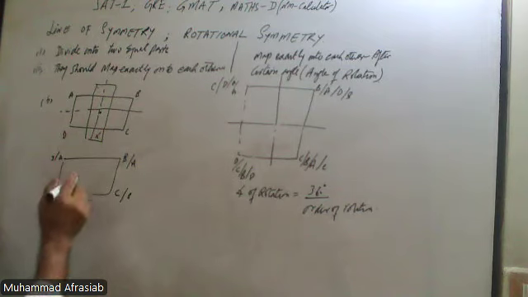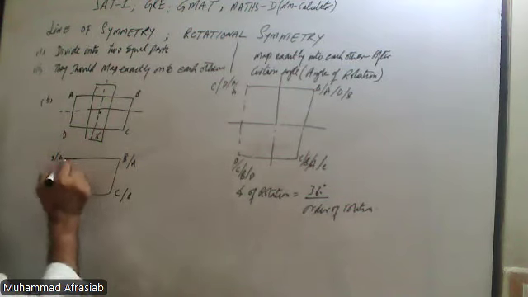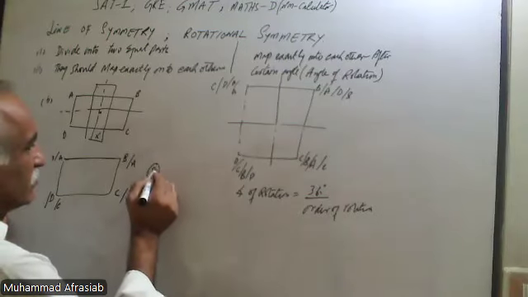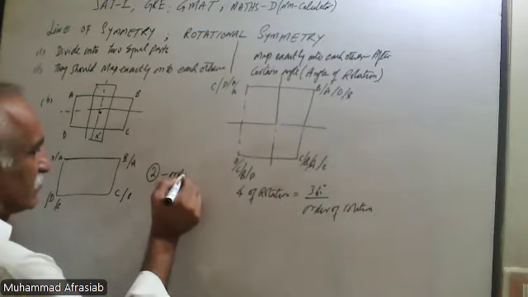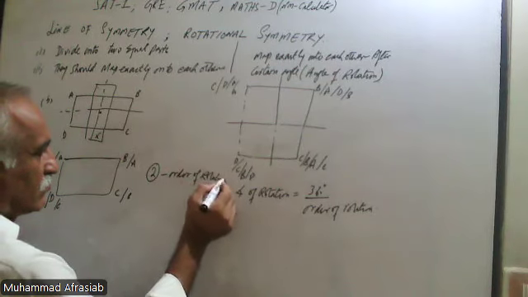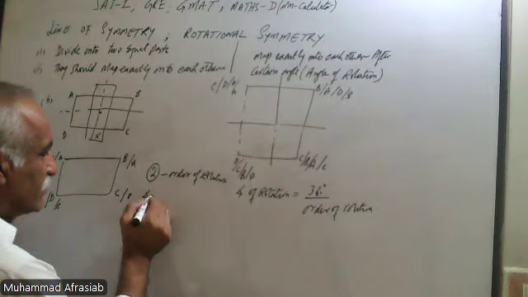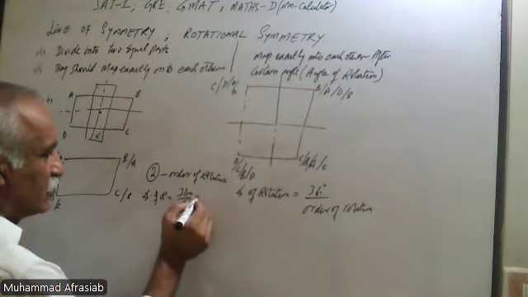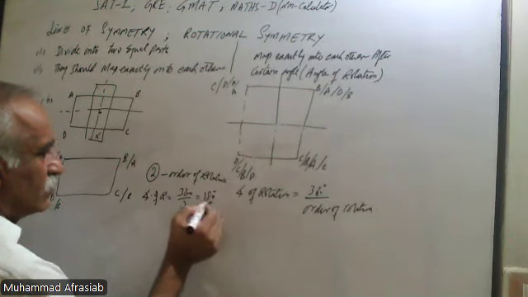And then if you rotate it again, it will be back to the original shape. So there are 2 orders of rotation, so the angle of rotation is 360 divided by 2, which is equal to 180.